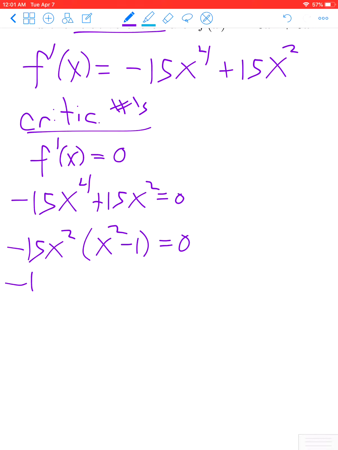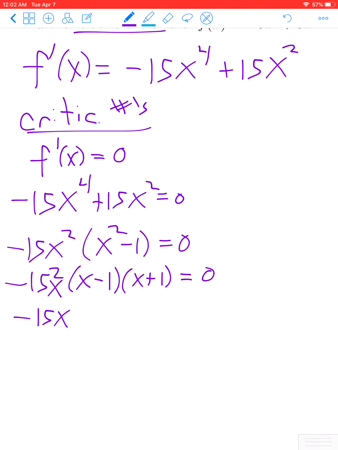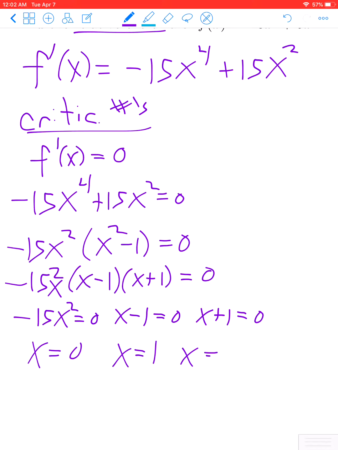This factors more because we have a difference of squares. This will factor as x minus 1 times x plus 1 equals 0. Set each factor equal to 0, and we get 3 critical numbers. This one will produce x equals 0, this one x equals 1, and this one x equals negative 1.